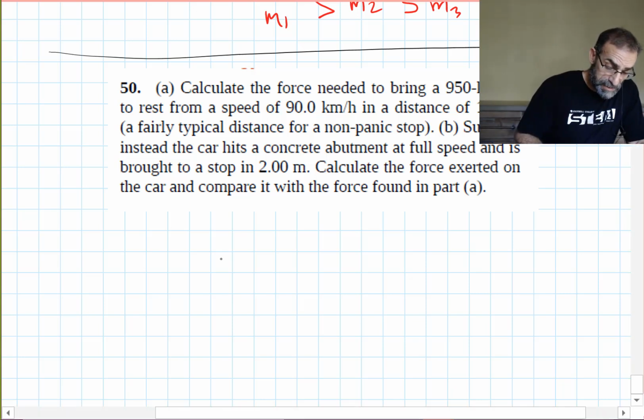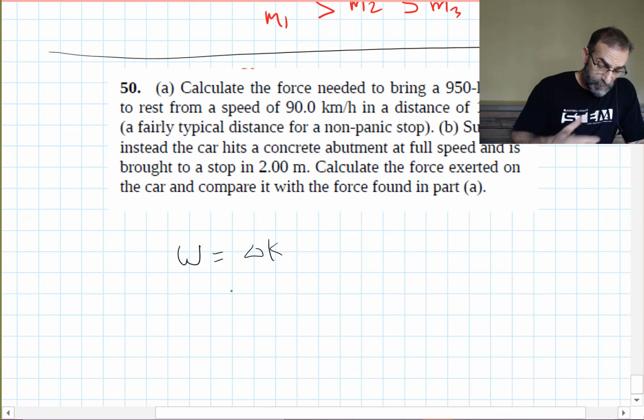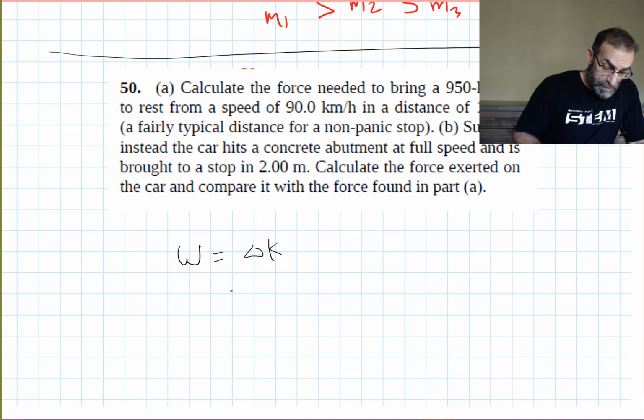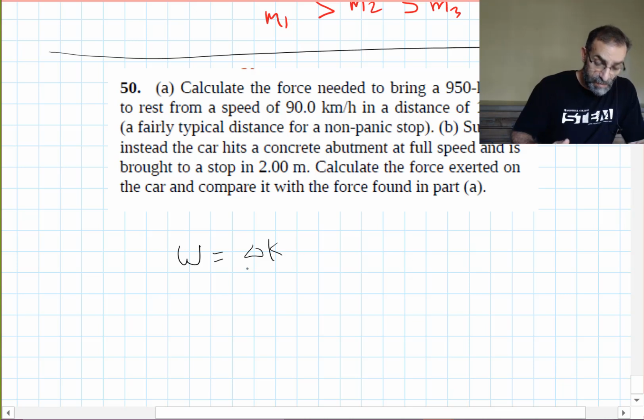So work equals change in kinetic energy, right? The force, I guess technically you end up with a negative force. I think they're just interested in the magnitude of the force here. But the work is the force times the distance times the cosine of the angle between them, right, when you put their tails together.